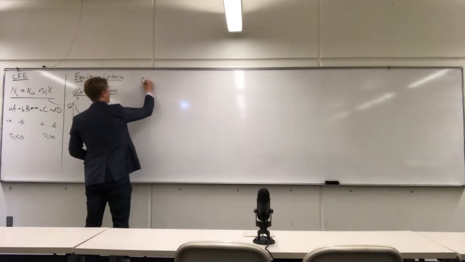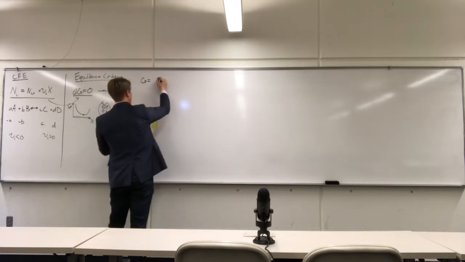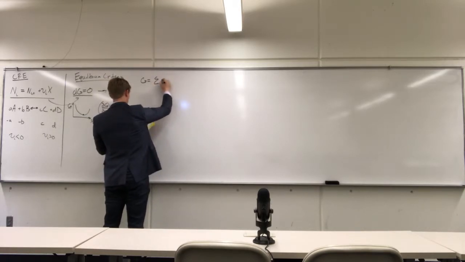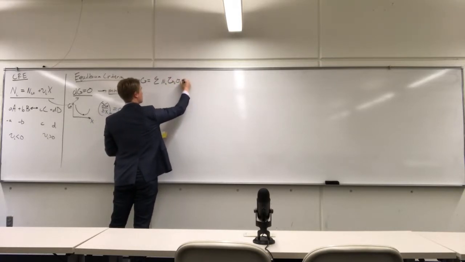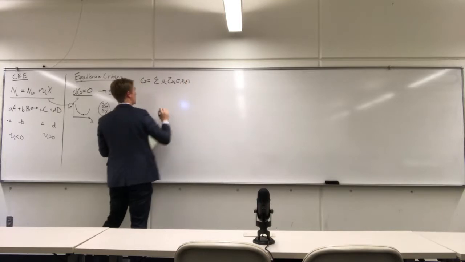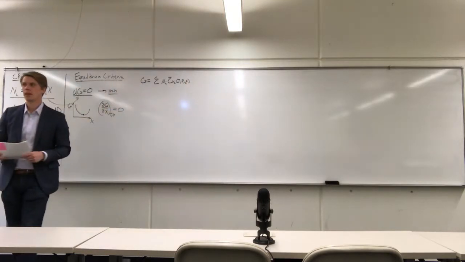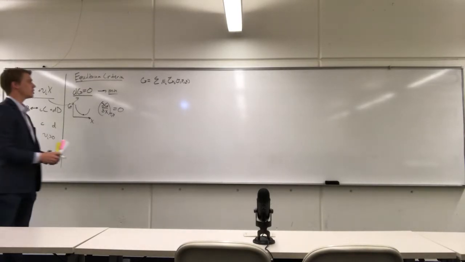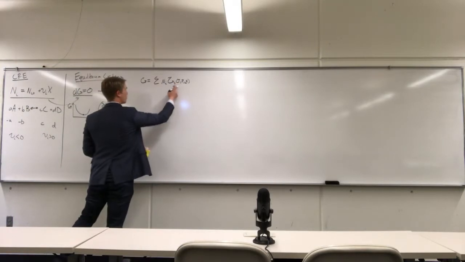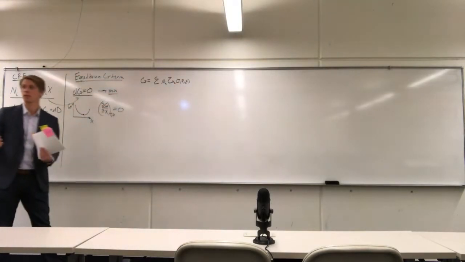So the total Gibbs free energy of the system is going to be equal to the number of moles of species i multiplied by its partial molar Gibbs, which is a function of temperature, pressure, and composition. We're just exploiting the definition of the partial molar property, right? And in the case of Gibbs at constant temperature and pressure, partial molar Gibbs is the chemical potential.